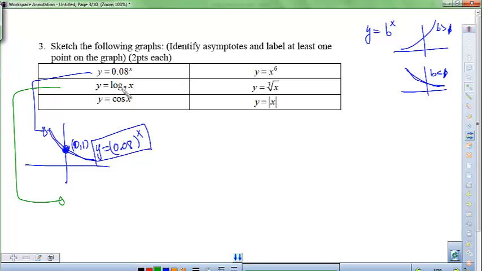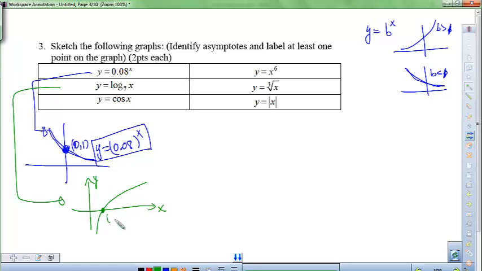Alright, the second one, y is equal to log base 7 of x. So the log function generally would look like this for any base, and depending on your base, it'll have a certain shape and be closer to or further away from the x-axis.